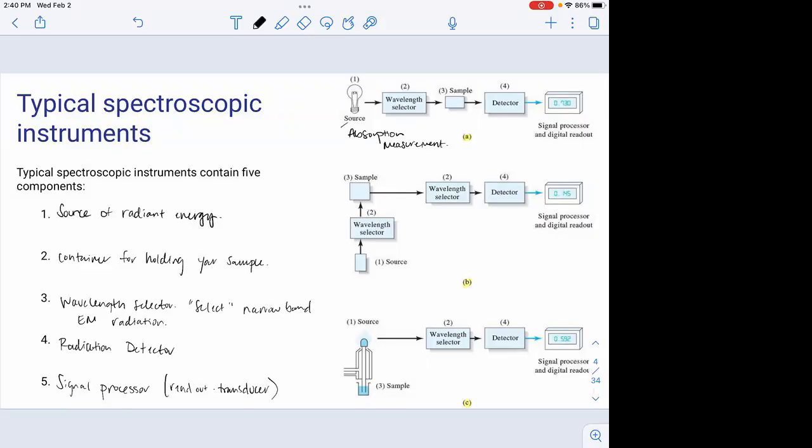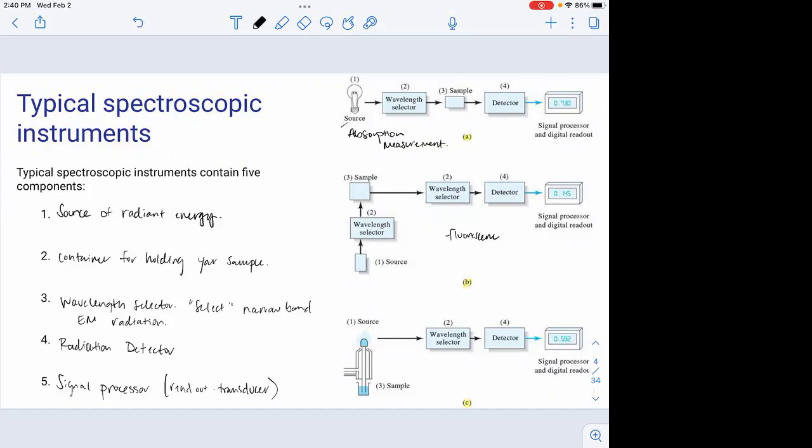In B, we're looking at fluorescence. A tip-off should have been the 90-degree bend in this instrument. Notice that the absorption measurement instrument was a pretty straight line.